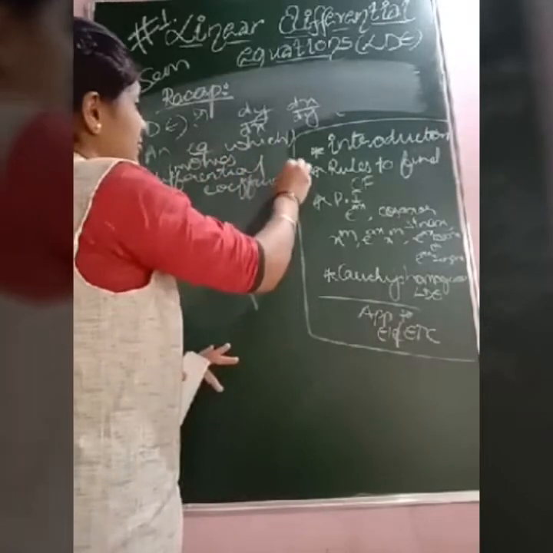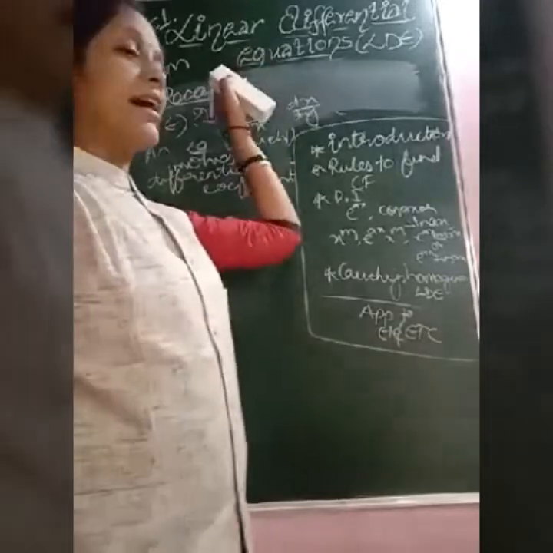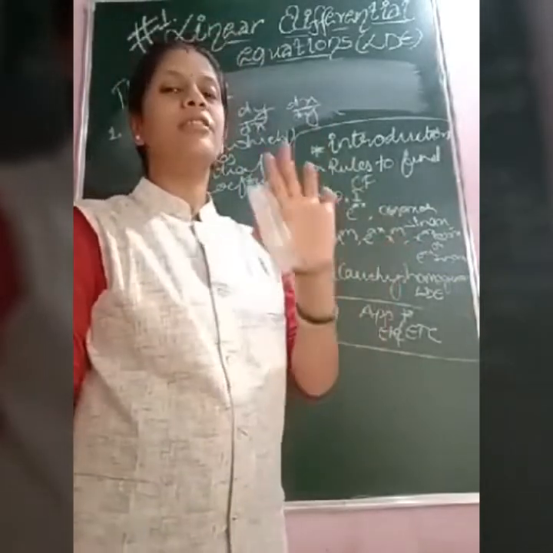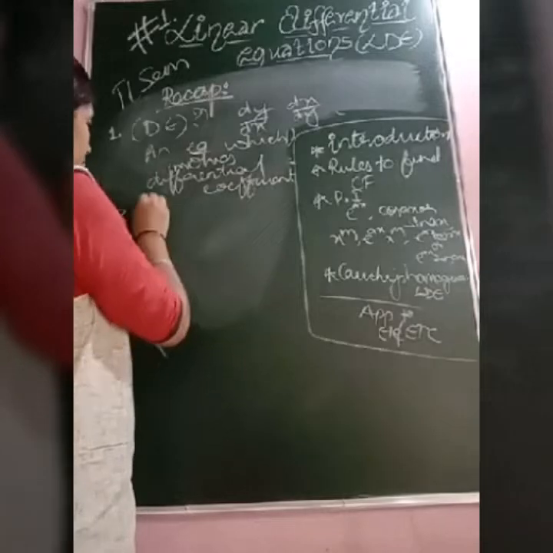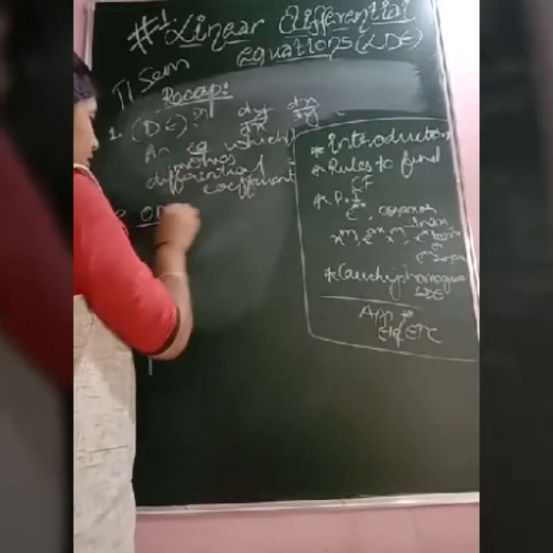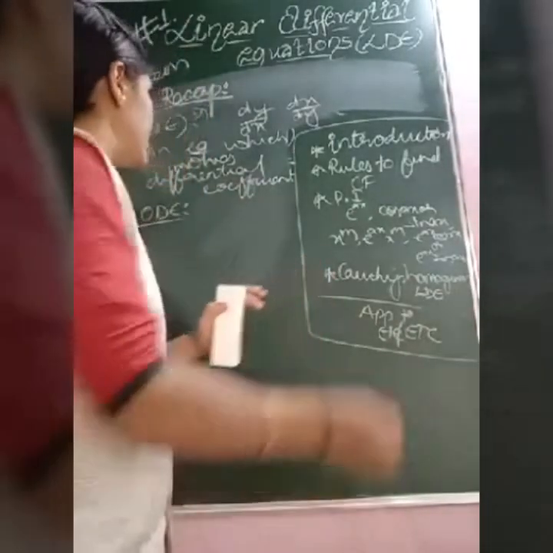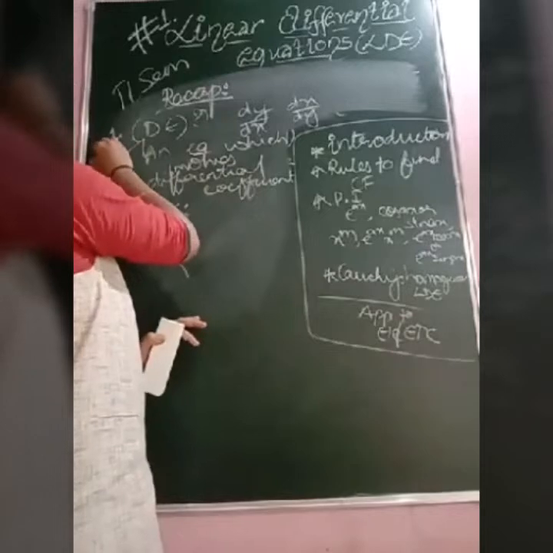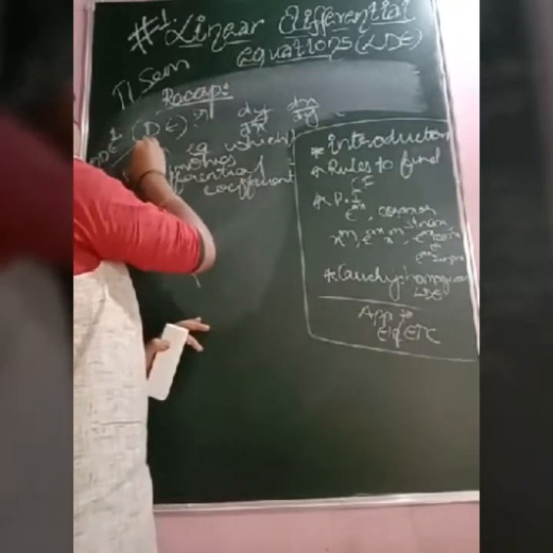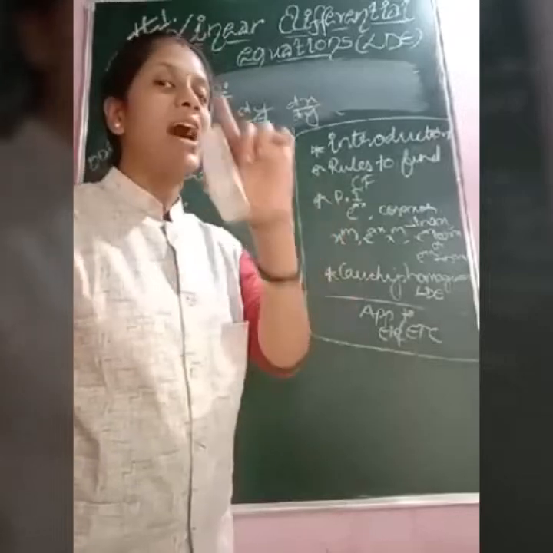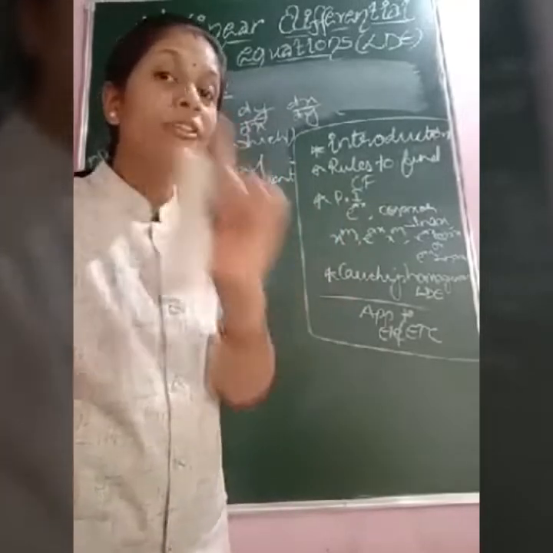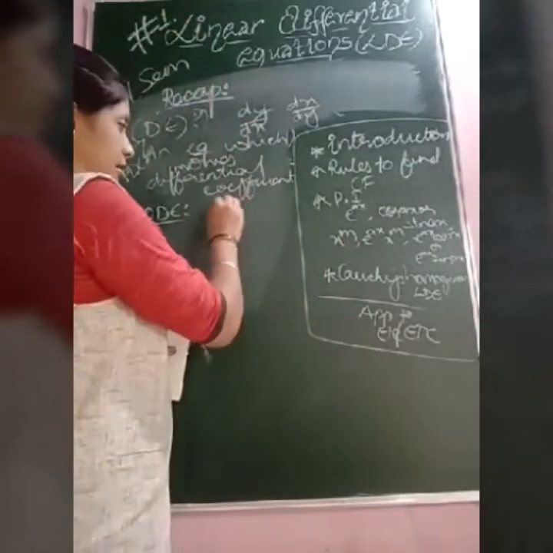Now we know what a differential equation is. We have two types: ordinary differential equation, ODE, and partial differential equation, PDE. In an ODE, the derivatives are with respect to one independent variable.